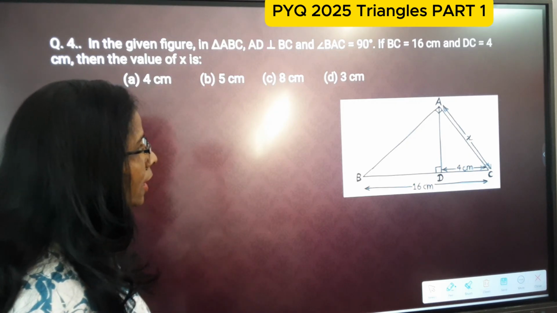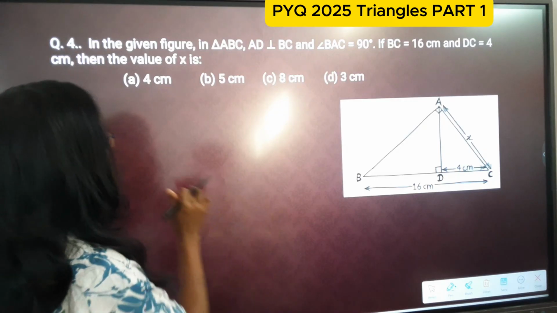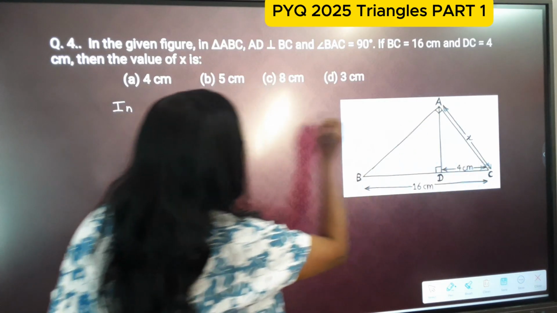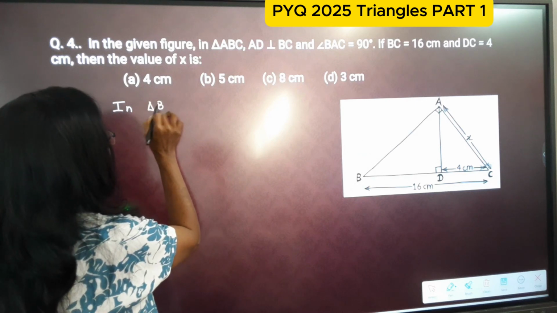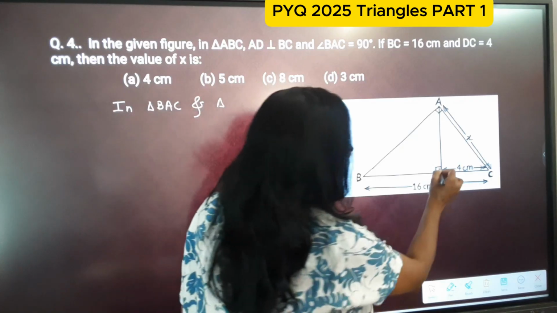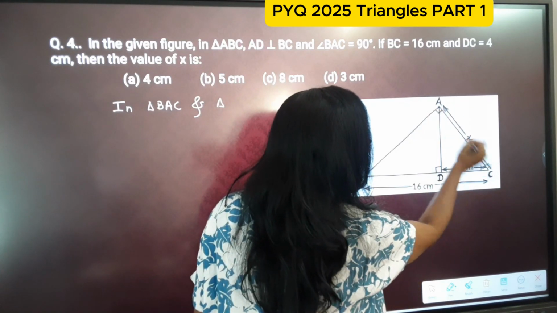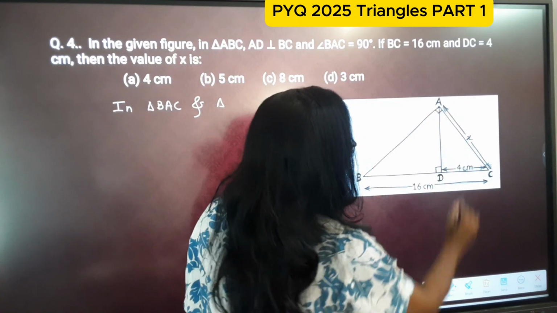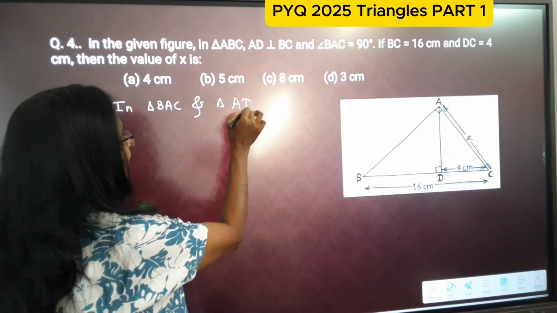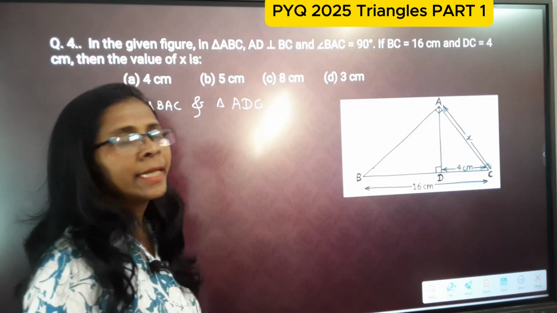Here are the two right angle triangles. Okay, we take out the two right angle triangles, that is triangle BAC and triangle ADC, and both are right angle triangles.